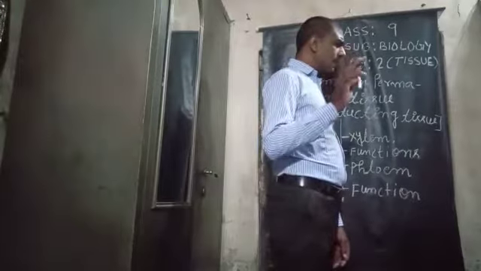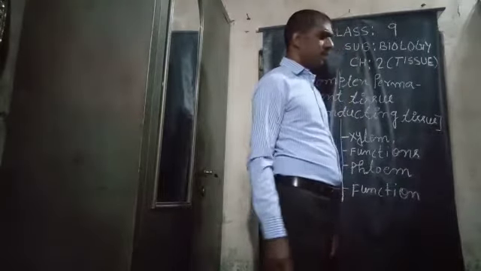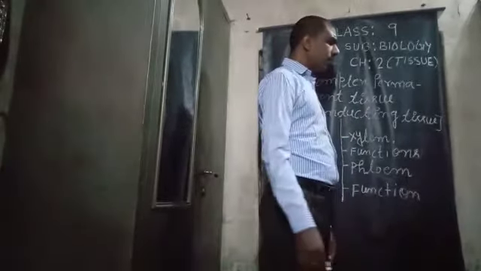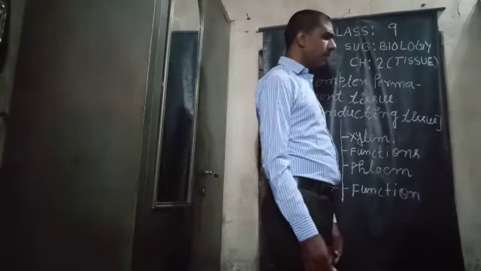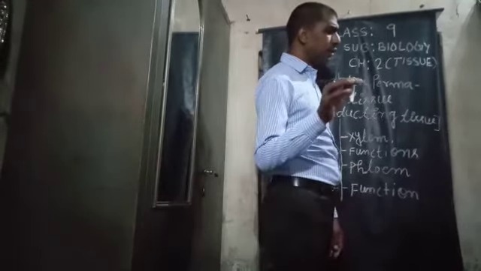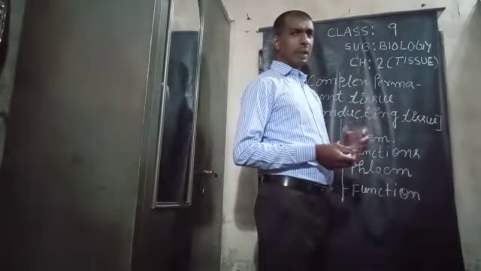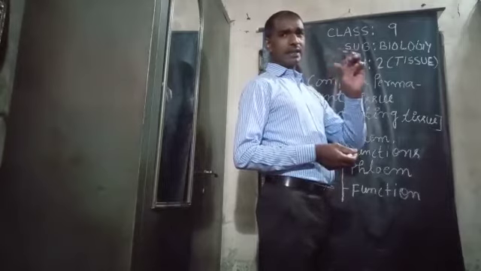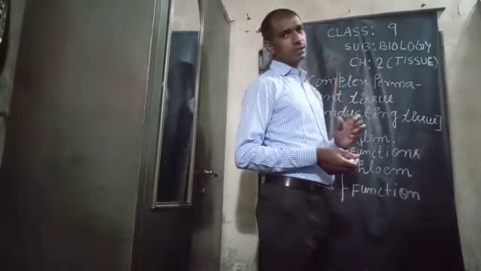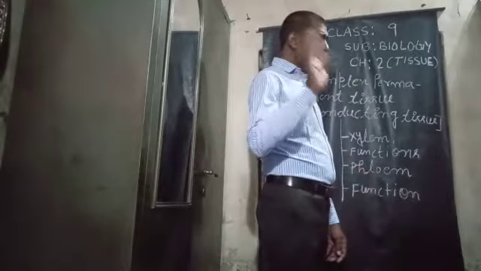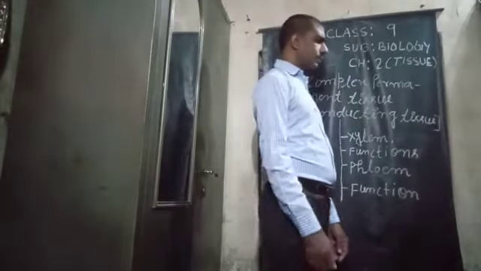Sieve tubes do not have nuclei. The end walls of the sieve tubes are perforated and are known as sieve plates. That means they have small, tiny holes.